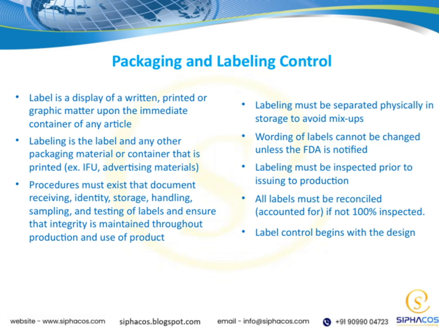Finally, we need documented procedures for receiving, identifying, storing, handling, sampling, and testing labels. These procedures ensure the integrity of the labels is maintained throughout the entire process, from production to use. Maintaining strict control at each step helps us ensure product safety, quality, and compliance with regulations.